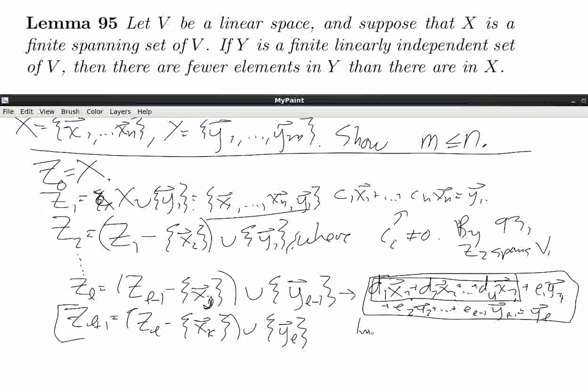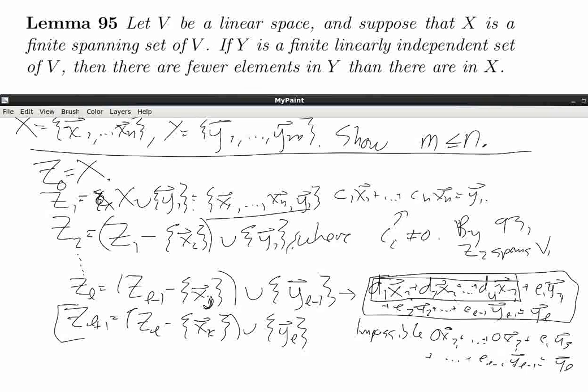It's impossible to have 0x plus ... plus 0x plus e1 y3 plus ... el minus 1 yl minus 1 equal to yl. It's impossible for all of these to be 0.